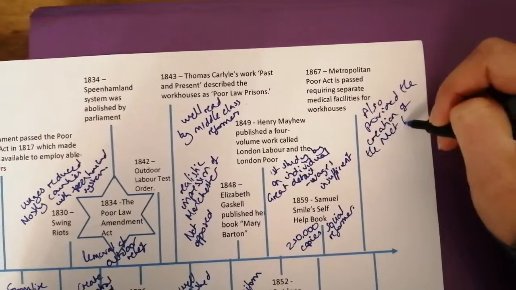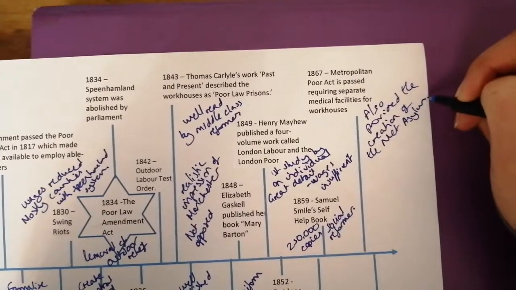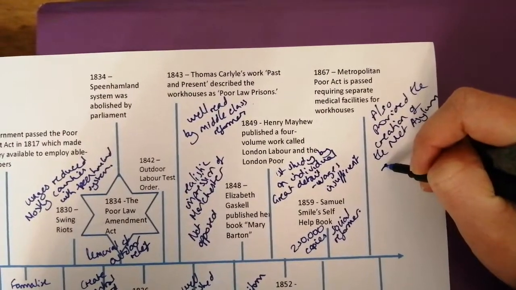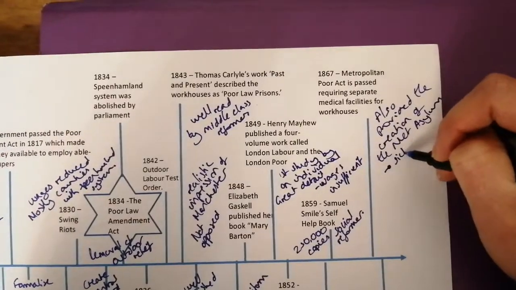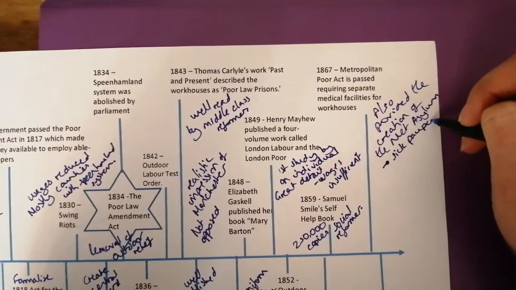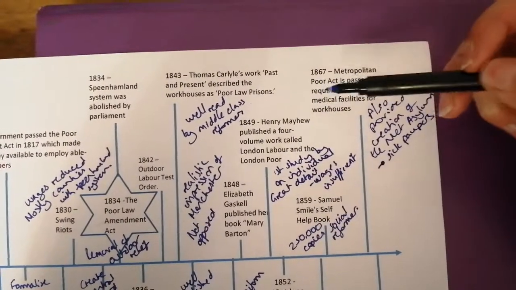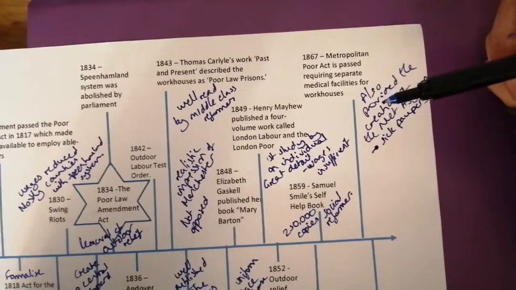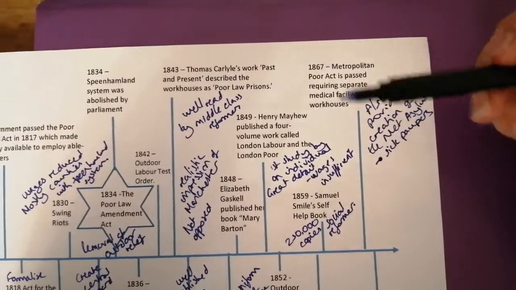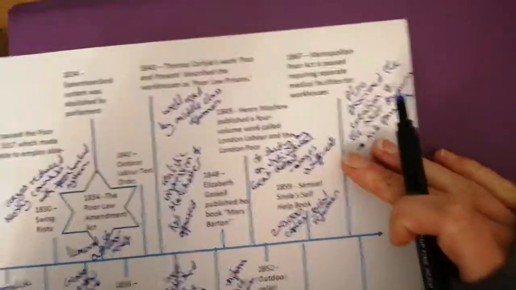I'll just put Met Asylum, which is very much looking after sick paupers. So they took that responsibility away. So again, we've got medical facilities now, we've got separate care for the sick. It's improving. It's definitely improving.